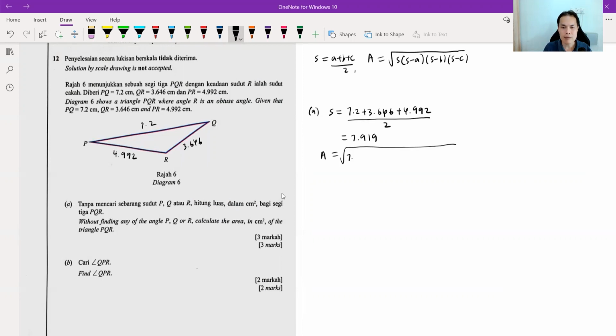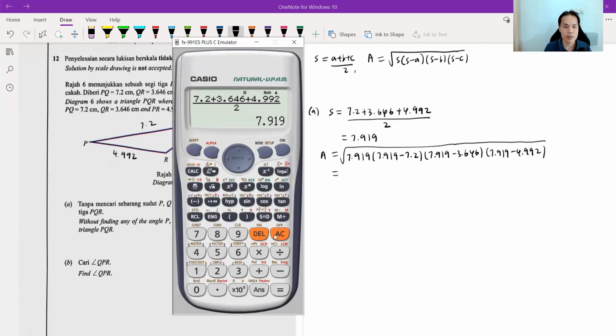So my first part is 7.919. Take 7.919 minus 7.2, 7.919 minus 3.646, 7.919 minus 4.992. Put a big square root over here. Now let's calculate. For me, I like to use the answer button. That would be a lot easier. I already have this answer, 7.919. This is my semi-perimeter.